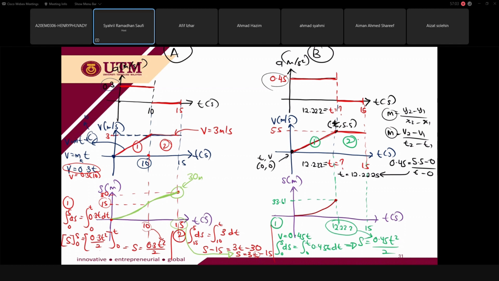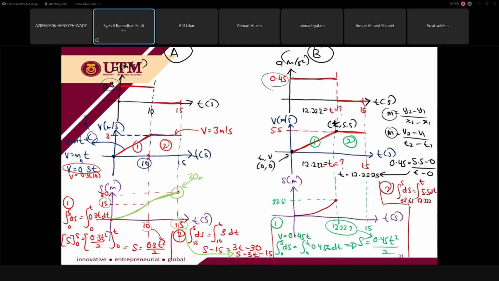Then you go on the second section, you integrate the constant. So for the second section, you integrate displacement from 33.61 to S, ds equal to the integral from T, here is 12.22 the lower limit, and V is this constant 5.5, dt.